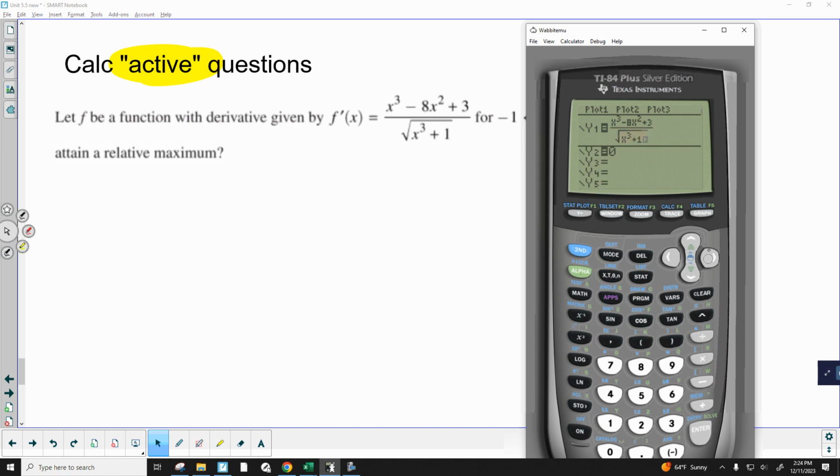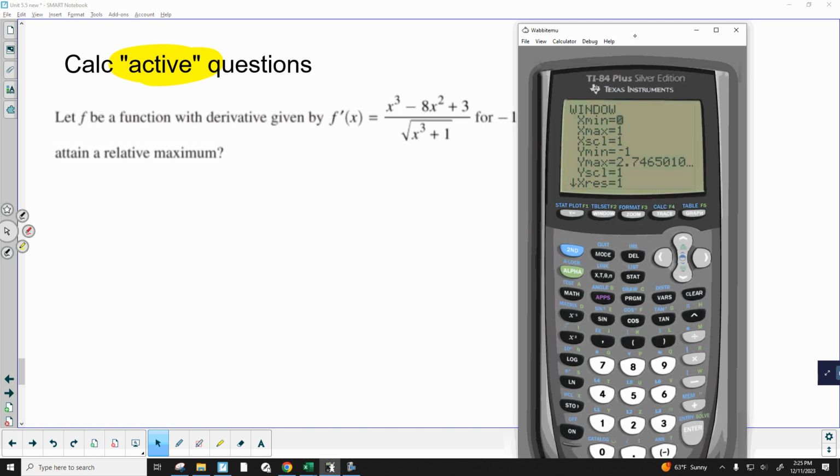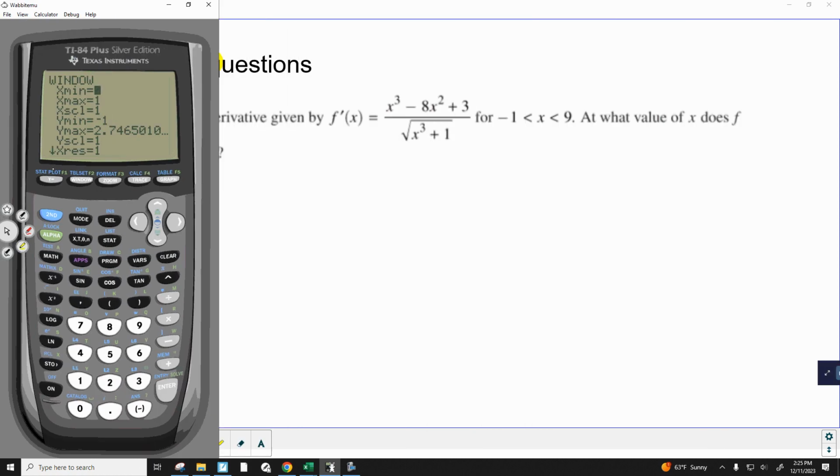Now you're going to press graph, and you're immediately going to regret your decision because you don't want that graph. Press on to pause. I don't want it from 0 to 1. I want it from negative 1 to 9. So we go to our window. You will always be given intervals, almost always.